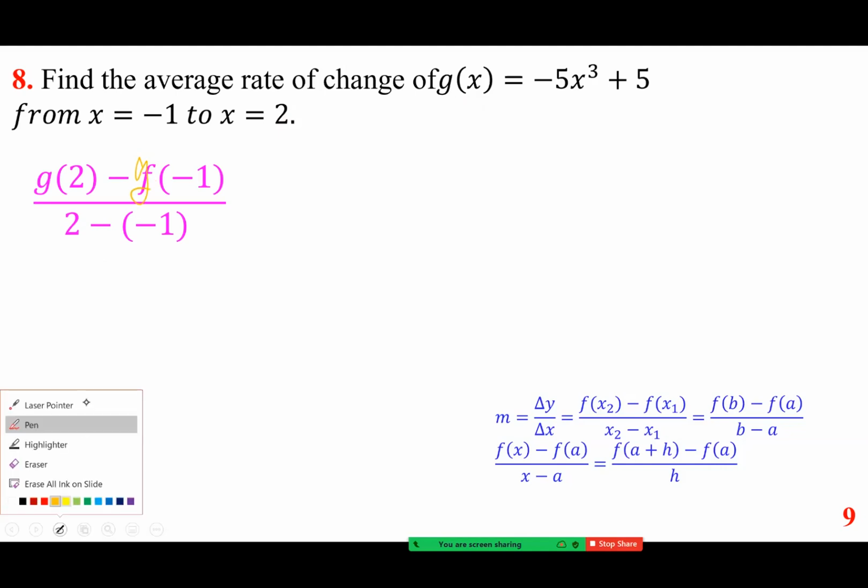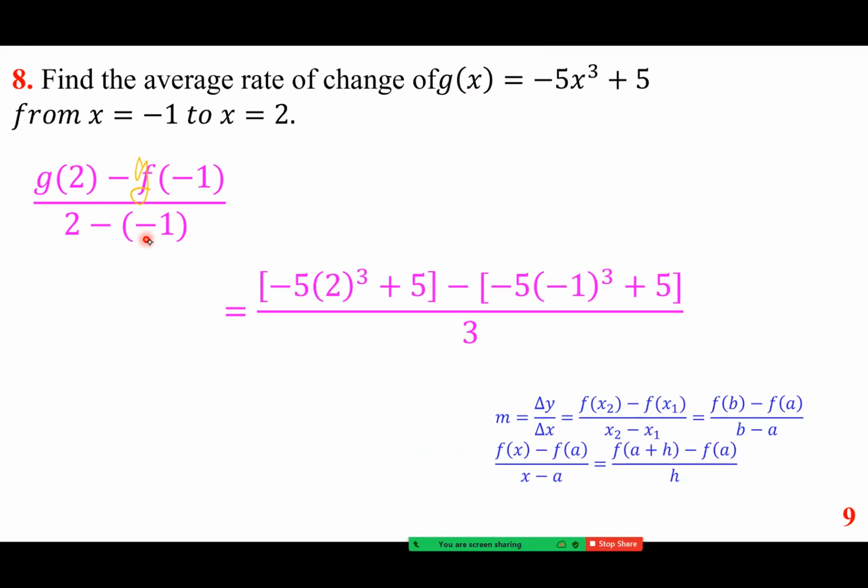So plug in 2 minus plug in -1. The bottom is 2 plus 1 is 3.